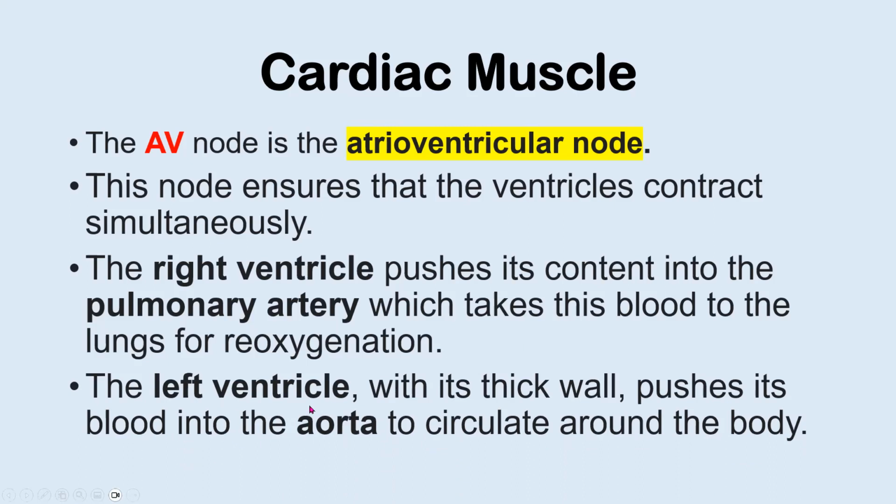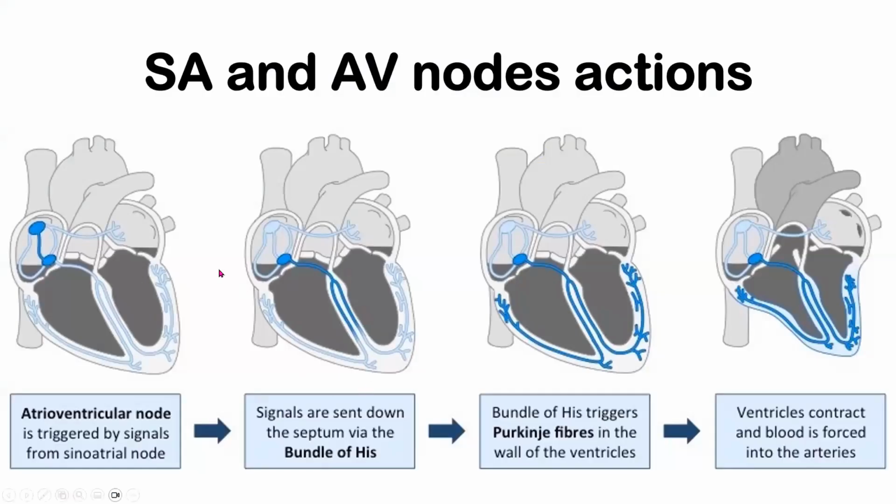So the left ventricle has a thick wall and pushes into the aorta, which also has a thick wall, to be able to cope with the pressure that the left ventricle generates. And then it goes up to the head, the arms, the body, to the legs, and so on. So this gives you an idea of the signals.